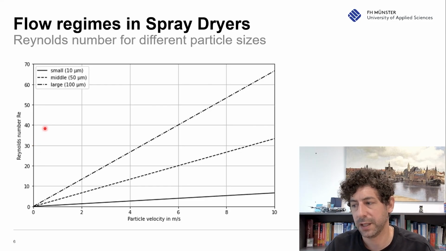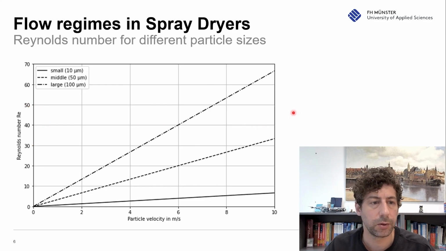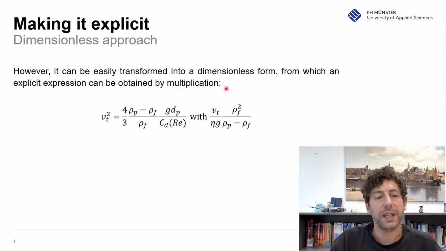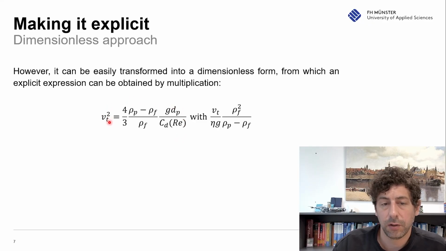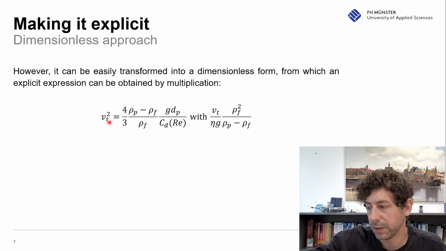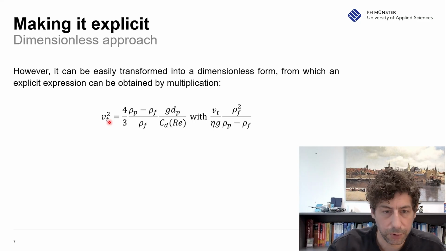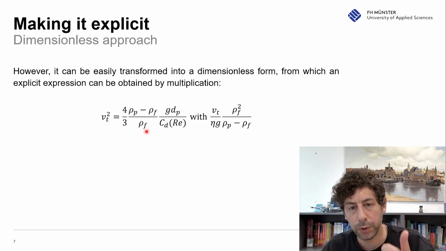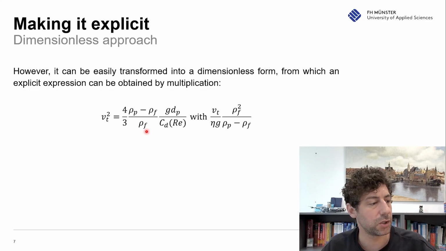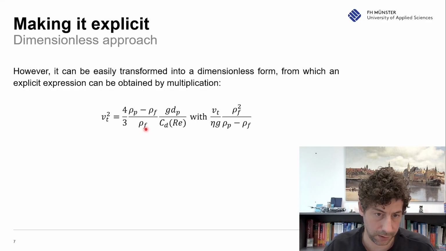And therefore we have another approach which we could use, and this is that we make the equations dimensionless. So what you see here is the settling velocity of a particle, and this is not calculated for the Stokes regime or quadratic regime, but this is if you make the force balance of buoyancy, gravity and drag using the general drag equation.